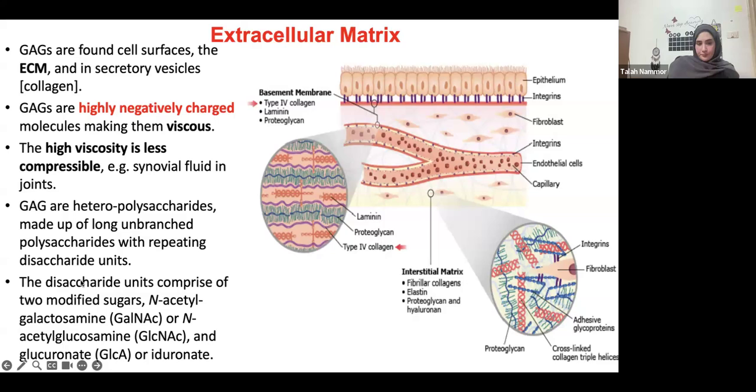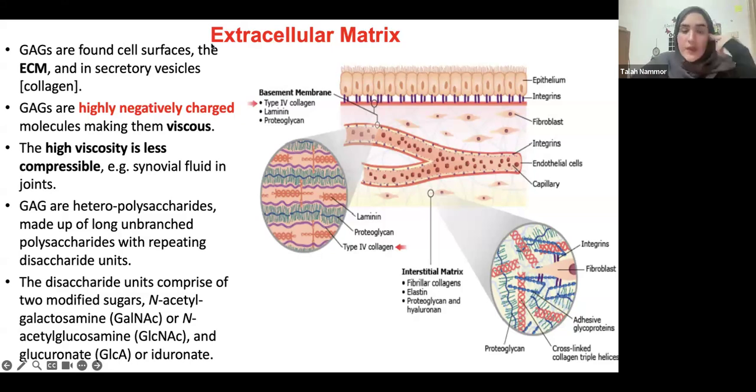From the name, it means protein plus glucose. So when we have protein plus glucose, we have a killer combo. Where are they found? They usually make up the extracellular matrix. So GAGs are usually found on cell surfaces, the extracellular matrix, and in secretory vesicles.